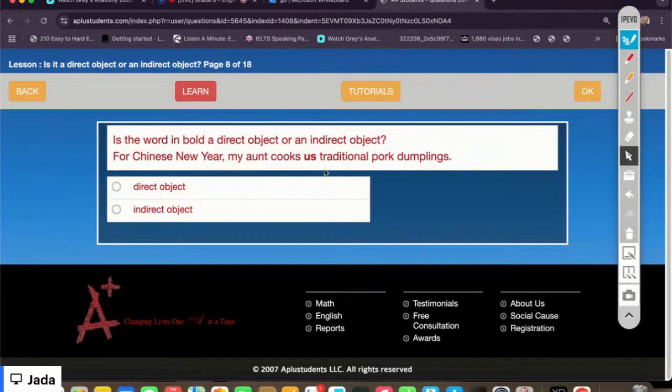Okay, so: For Chinese New Year, my aunt cooks us traditional pork dumplings.